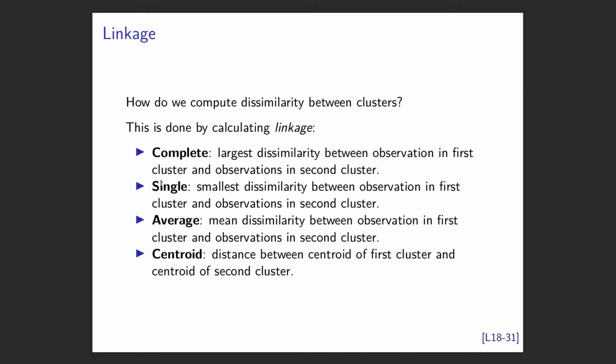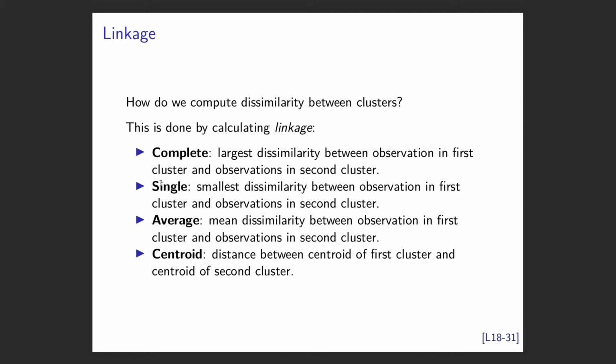The single, again, you compare every possible distance between an observation in the first cluster and an observation in the second cluster, and you set it as the smallest distance. The average, calculate every dissimilarity between the 2 clusters, take the average of them. And the centroid, you work out the centroid of the first cluster, the centroid of the second cluster, and you look at the distance between centroids.